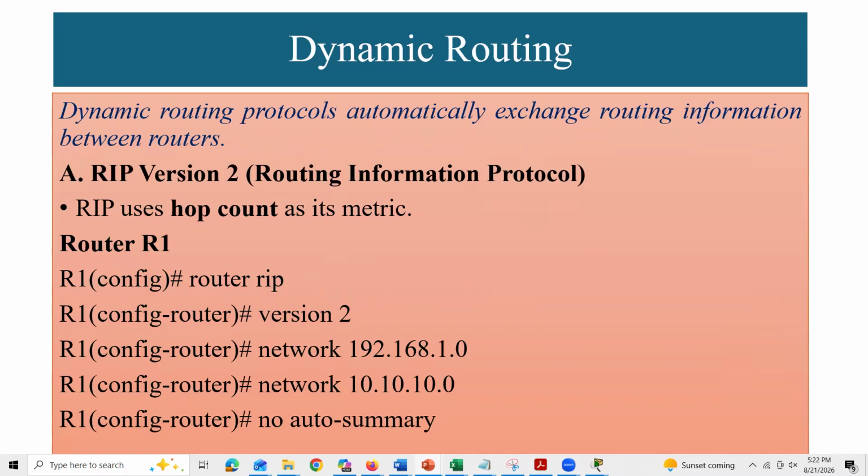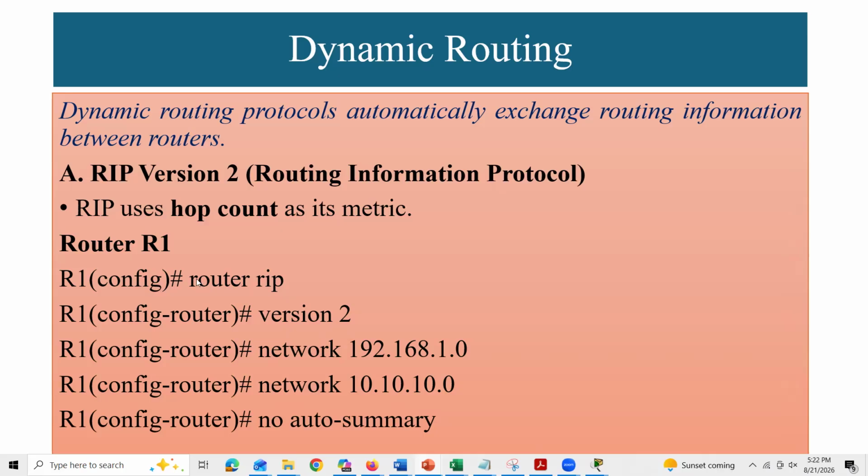RIP is the commonest used, but in the large network, OSPF is the most widely used one because, one, it is cross platform. It doesn't limit to any particular platform. So you can use it on a Cisco, you can use it on a Huawei, and it works. So if the network is not too large, then use RIP. But if it's a large network, then the best thing to use is OSPF.